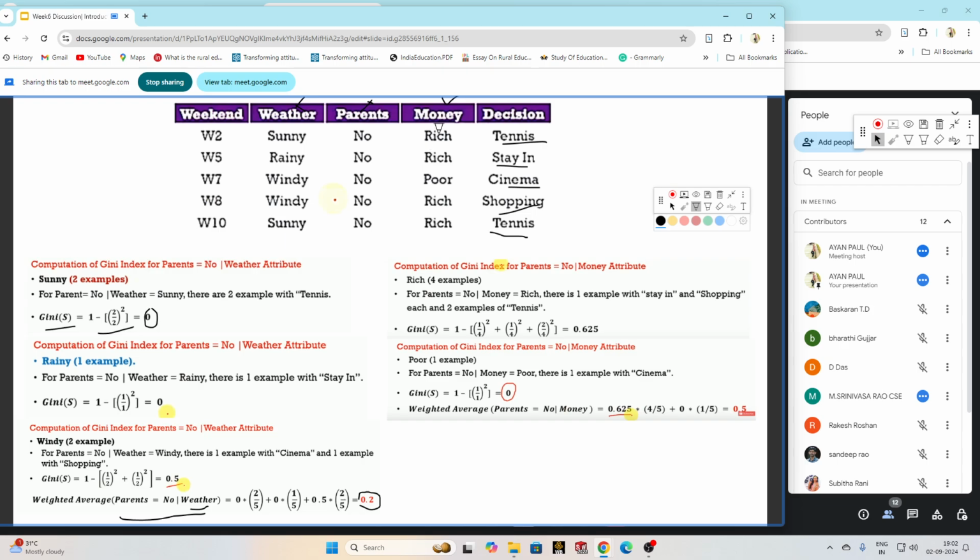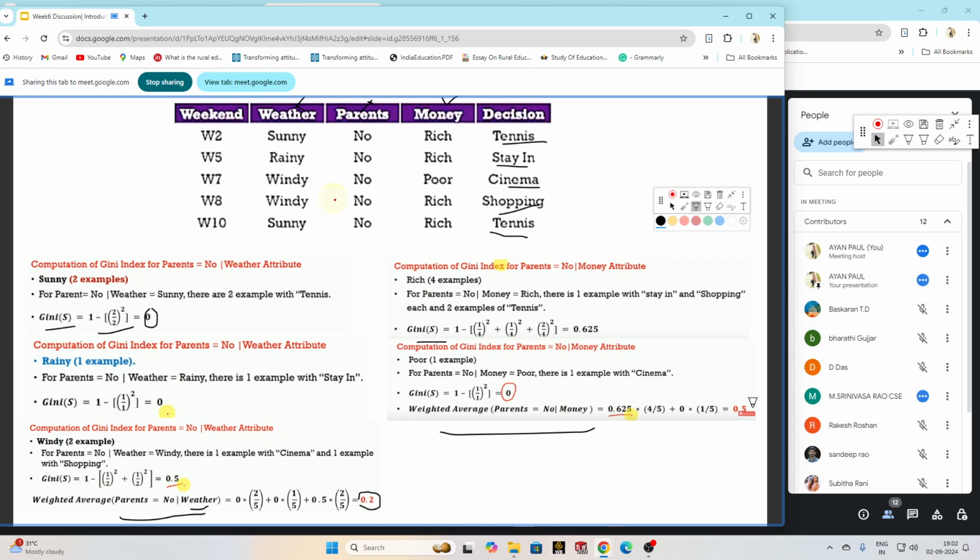Whenever there are rich, there are 4 rich examples: 2 are tennis, one is stay in and one is shopping. So by that we can find the Gini index with respect to this rich attribute. Similarly we will find the Gini index with respect to the poor attribute, and then we will find the weighted Gini index with respect to the money attribute.